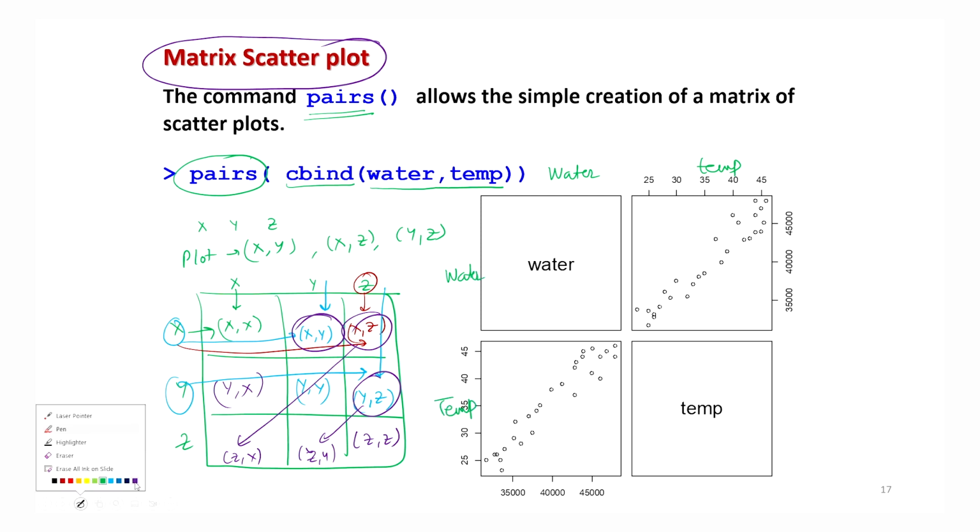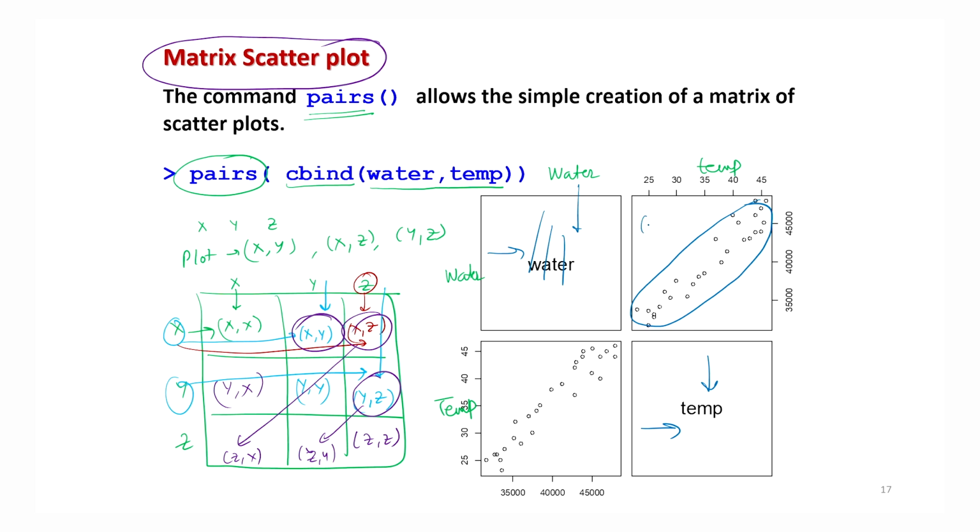Now if you look at this part, this is between water and water, which is not required, and this second diagonal element will be temperature on the x-axis and temperature on the y-axis also, which has no utility. But if you come here, this is between water and temp, so it is equivalent to my command plot water and temp.